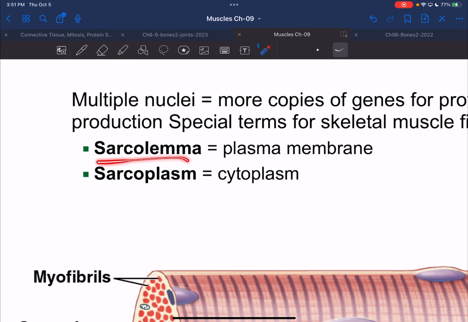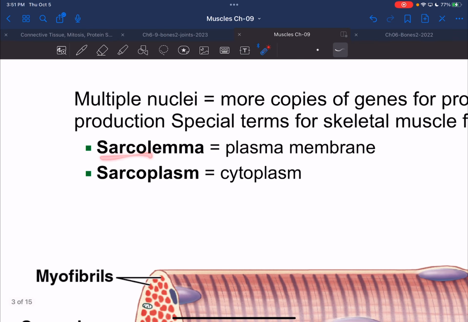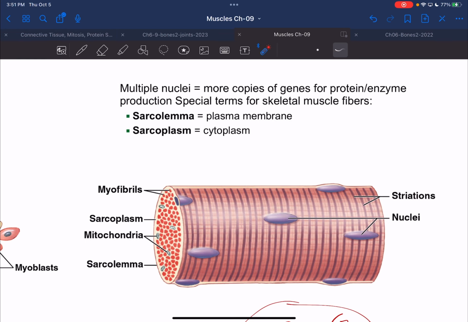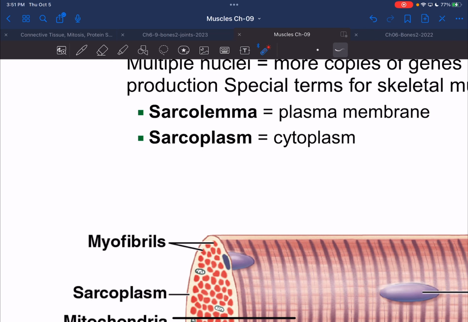And these words around it: sarcomere is going to be the main functional part of a muscle cell. We're going to see that in a second, and everything is named after that. You already know it: the cytoplasm, all you do is change it to sarcoplasm on a muscle cell. Same exact word. And then plasma membrane is sarcolemma.